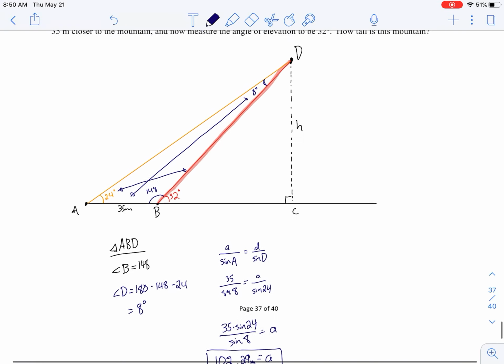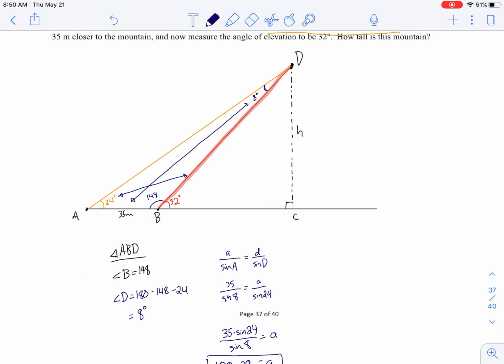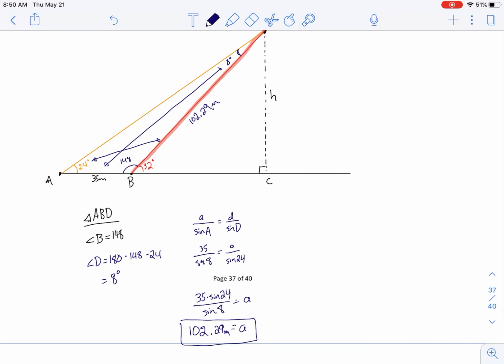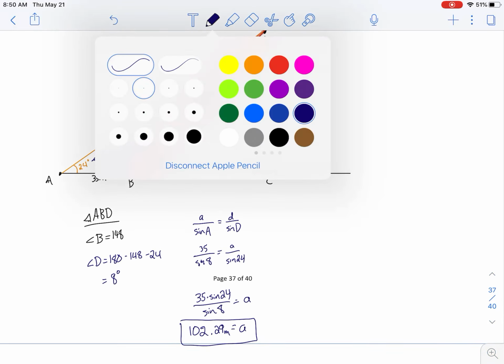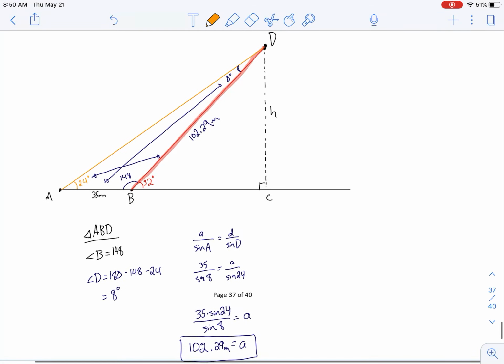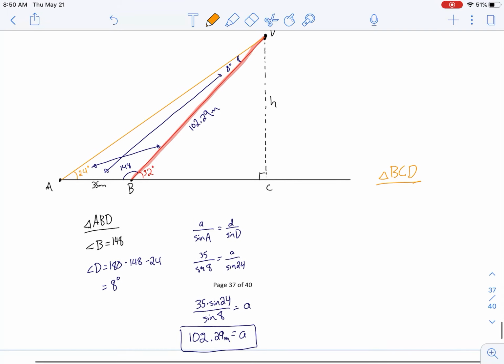So we've solved for our common side. This side is going to be 102.29 meters. Then we can take a look at that second triangle. In orange, triangle BCD is just a small right-angled triangle.